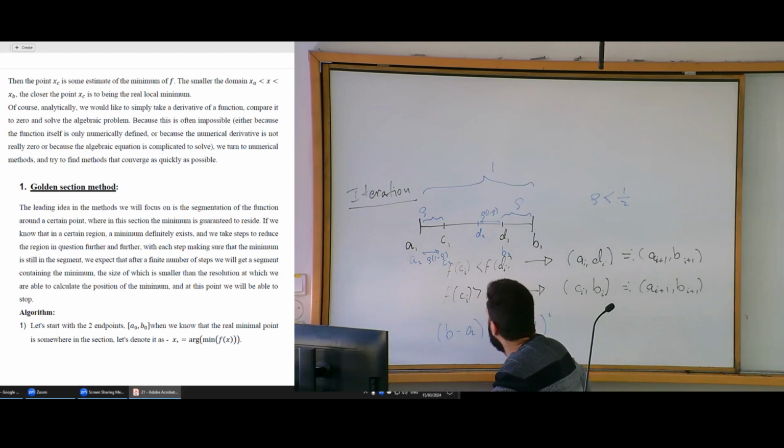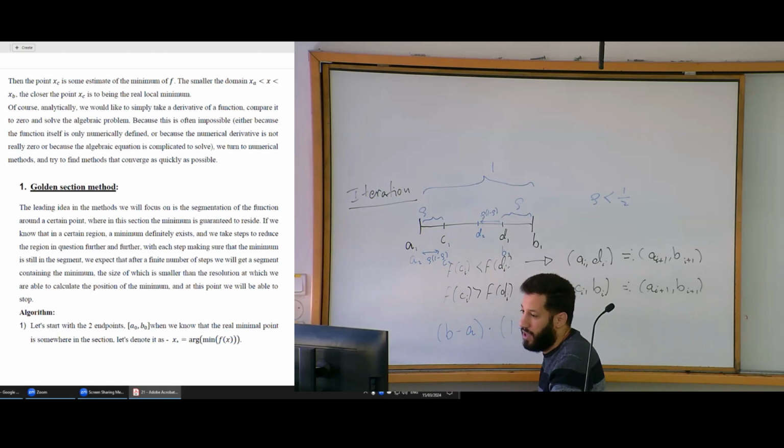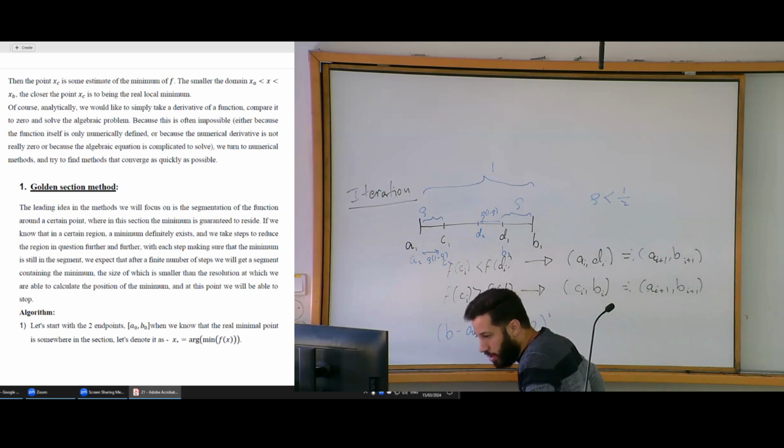Now, I have to evaluate the function at D2 and at C2. If one of these points is C1, then I have evaluated this value before. So that's my new consideration. So our way works for every row.